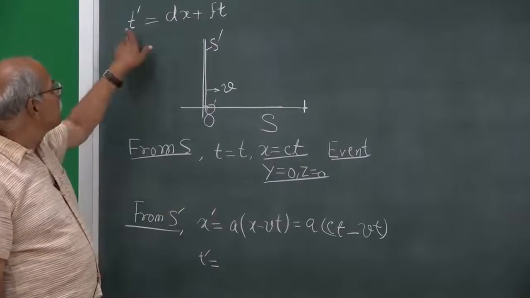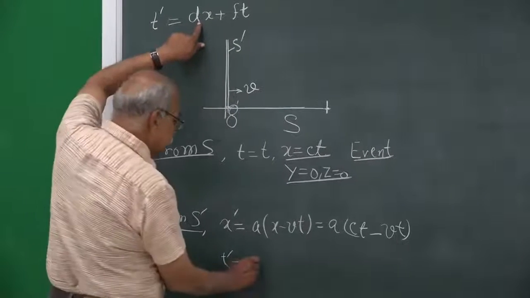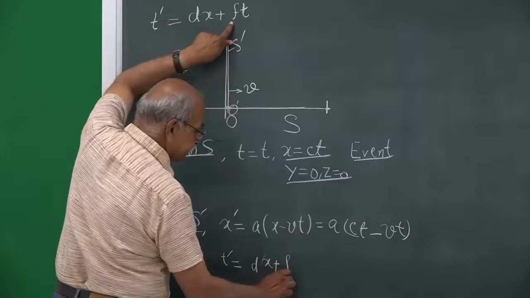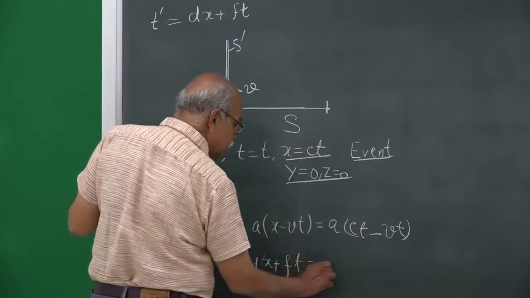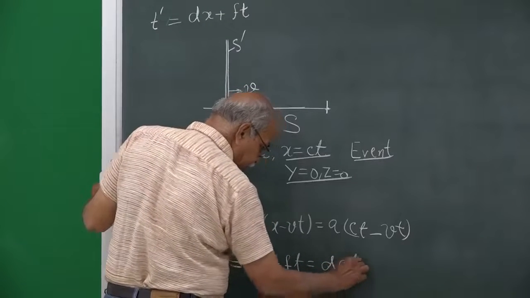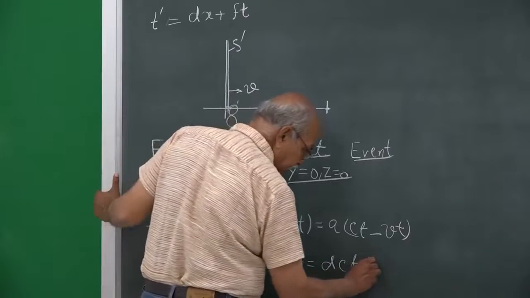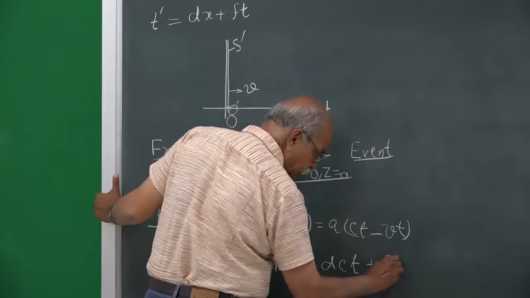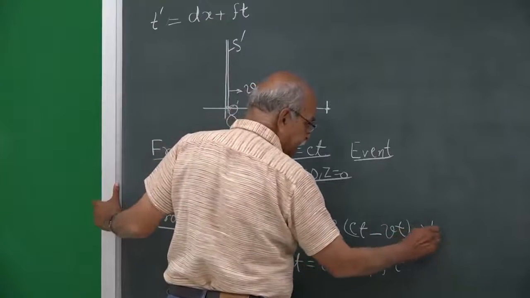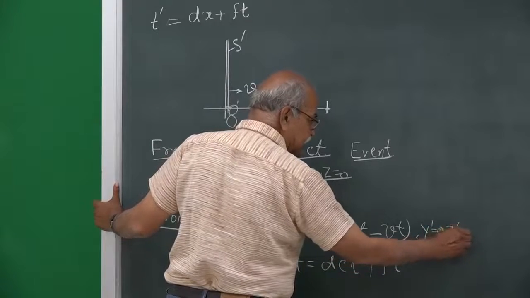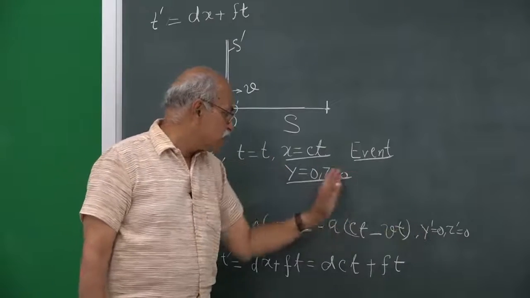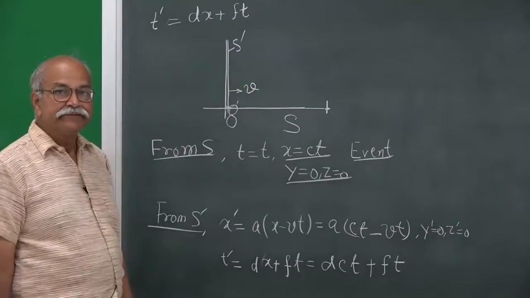T prime is given by this equation: d into x plus f into t, that is d into c t, plus f into t. And of course, y prime and z prime are 0, because the event is on the x prime axis, and even otherwise y is equal to y prime, z is equal to z prime.